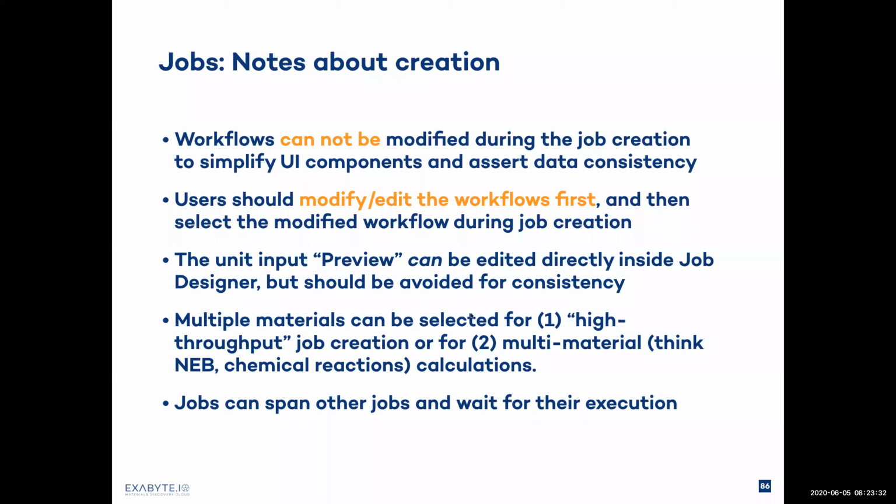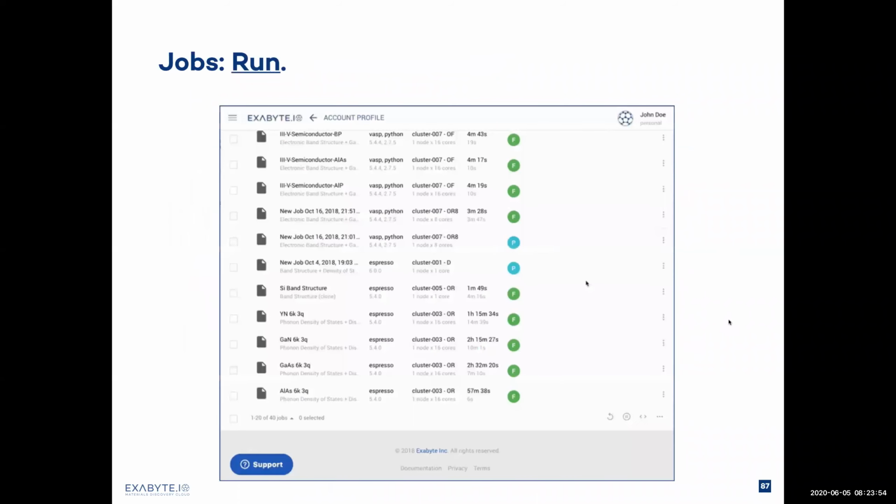Multiple materials can be selected for high throughput job creation or for multi-material calculations. You can think about NEB, for example, in this case. There is also a way to spawn other jobs and wait for their execution when we create jobs in the jobs designer, but this is a separate topic.